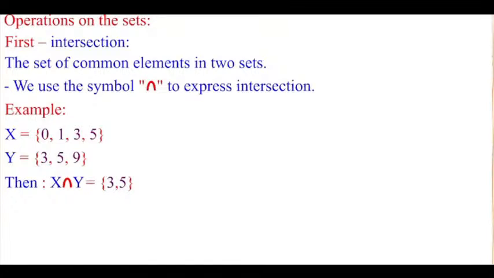Then X intersect Y equals the set of 3 and 5. General case: N intersect Z positive equals Z positive. N intersect Z equals N.